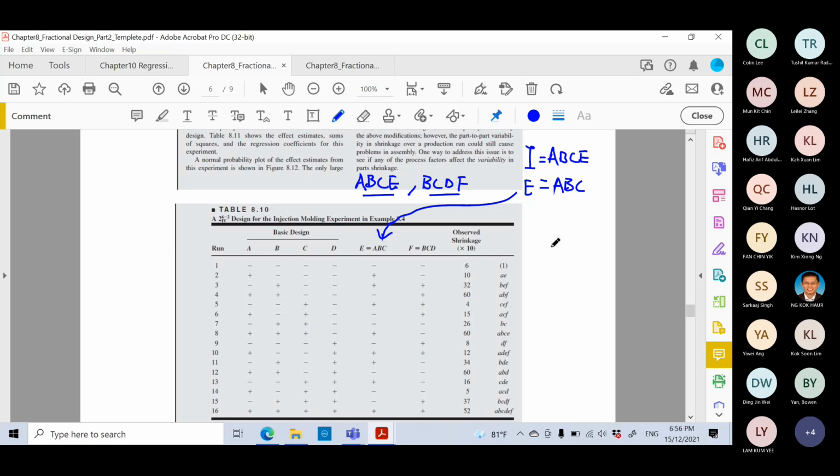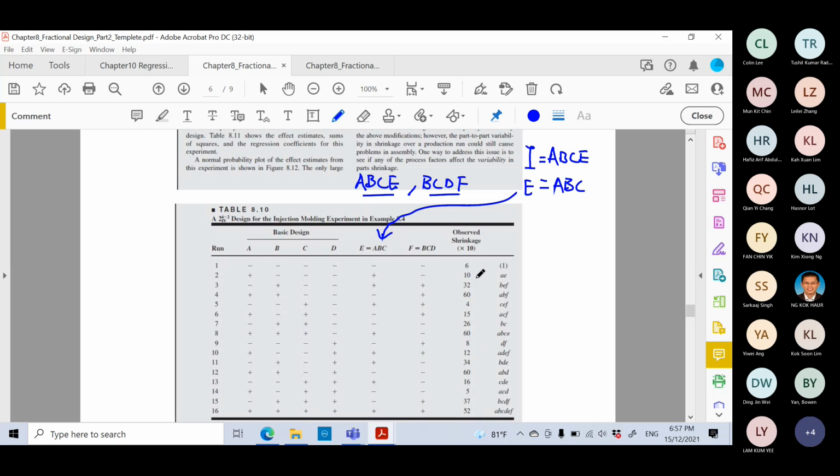Okay, so the experiment will be run under the following treatment combinations. This is the result they observe. Okay, the second one they run at A at the high level, E also at the high level, where they give the notation as AE.